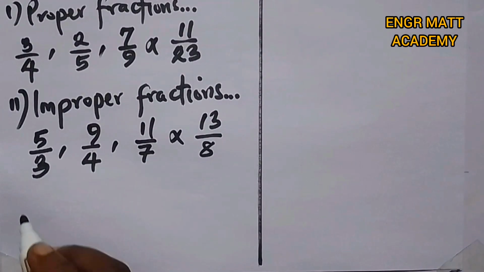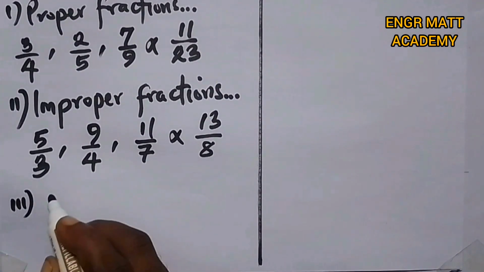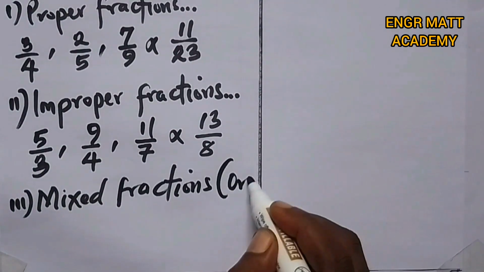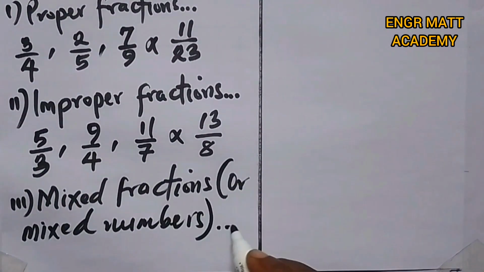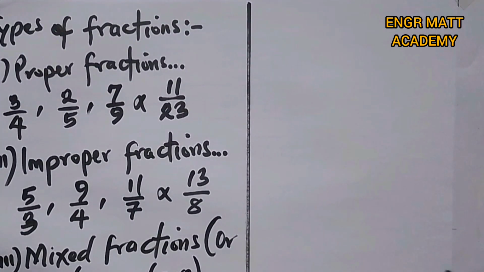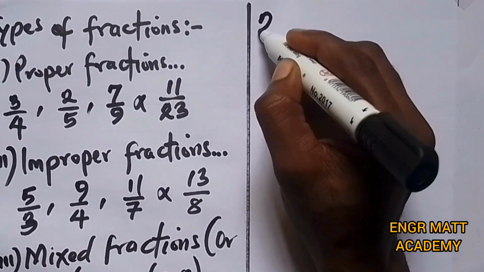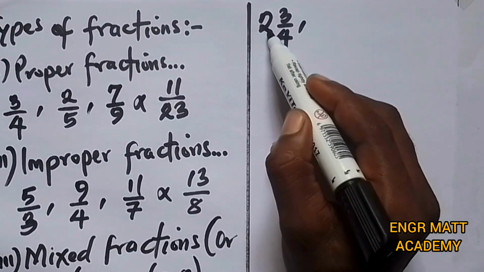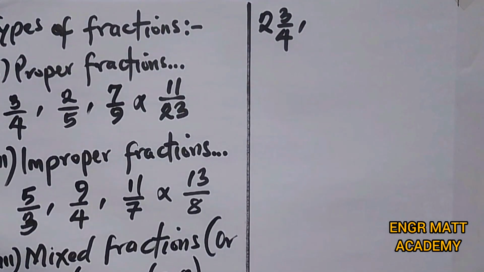This brings us to the third type of fractions, called mixed fractions or mixed numbers. How do we recognize this? A mixed fraction or a mixed number is a combination of a whole number and a fraction. Fractions like 2 and 3 over 4. We have a whole number 2 and we have a fraction 3 over 4.